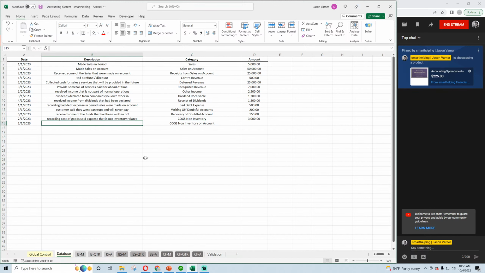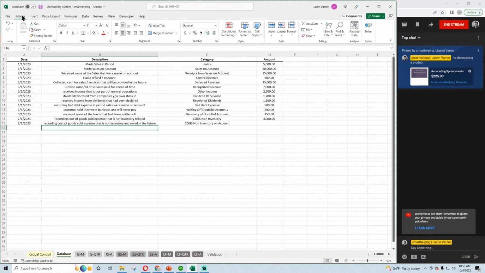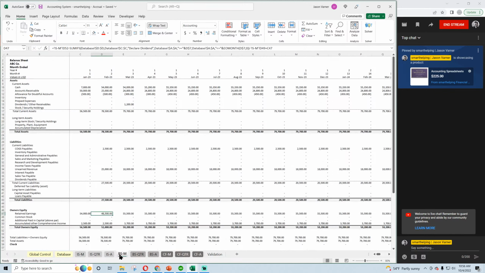So yes, you can recording cost of goods sold expense that is not inventory and owed in the future. So now let's say it's 2,500 here. This is saying your liabilities are going up. Cost of goods sold payables going up.